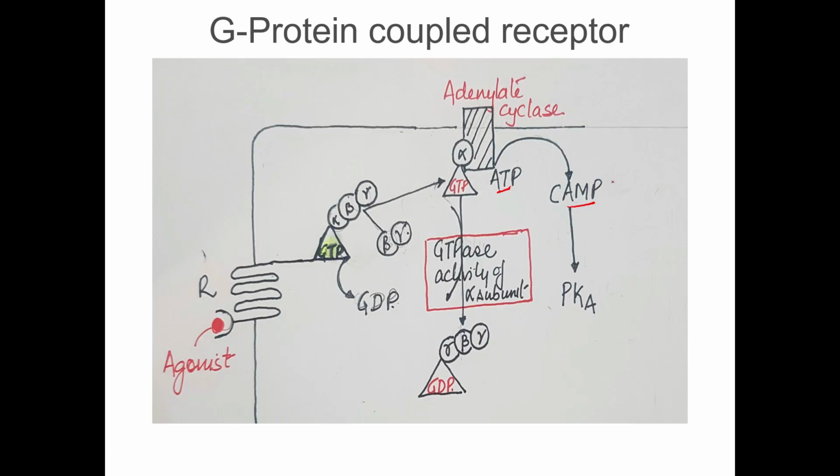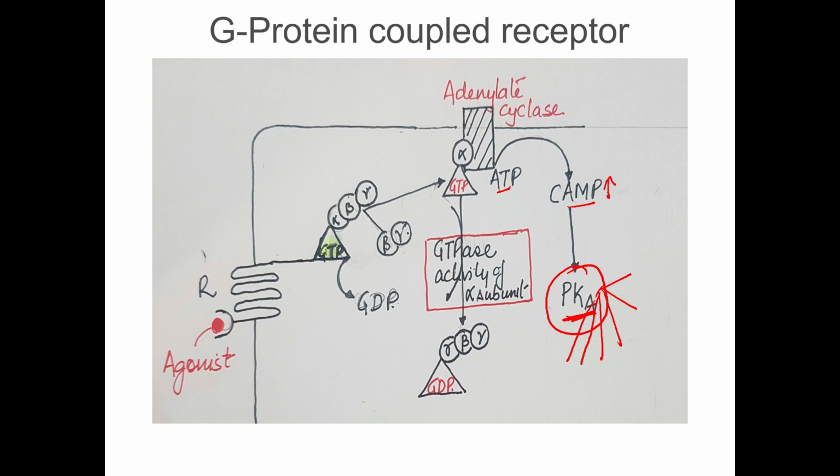There is an increase in the level of cyclic AMP. This cyclic AMP is going to cause phosphorylation of protein kinase A. Once the kinases get phosphorylated, they are going to perform many actions at different sites. Suppose it is the heart, there will be increased cardiac activity.